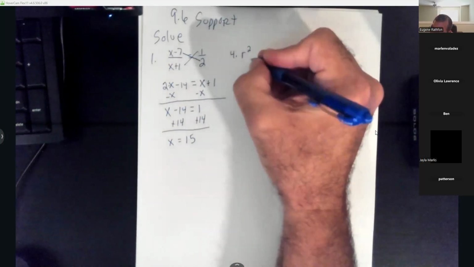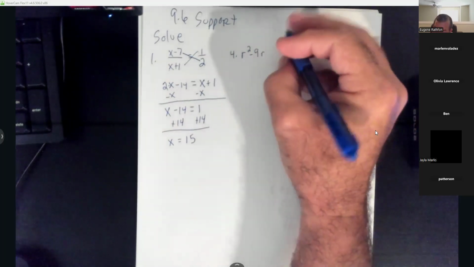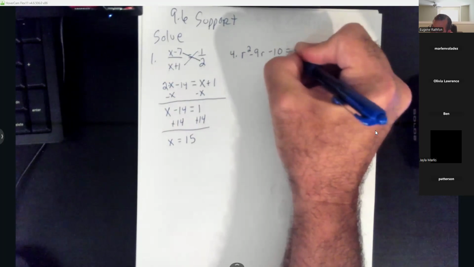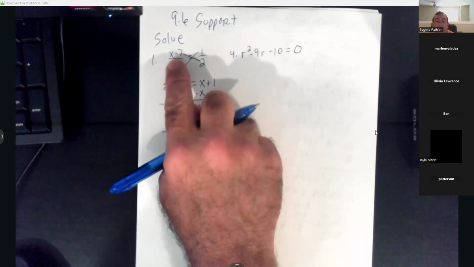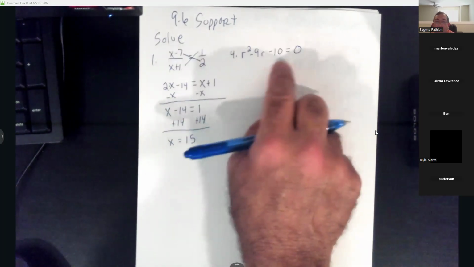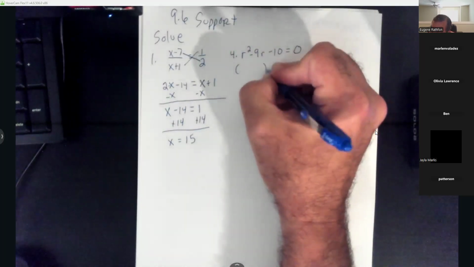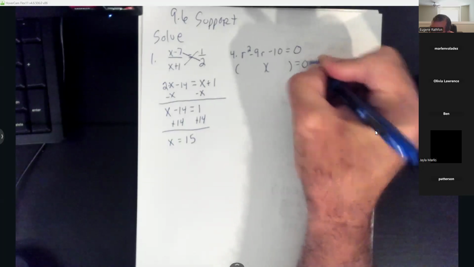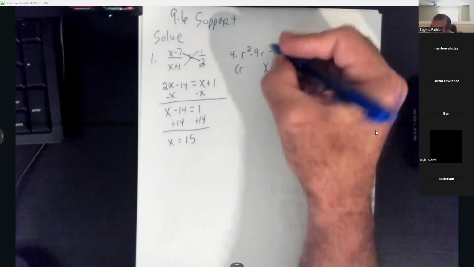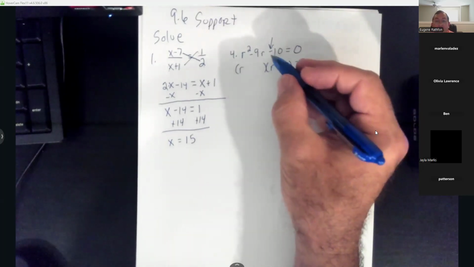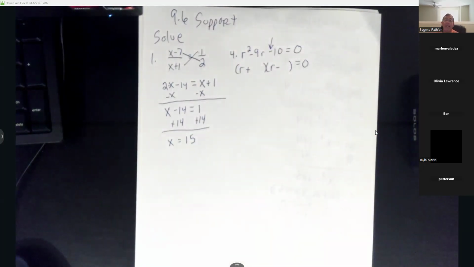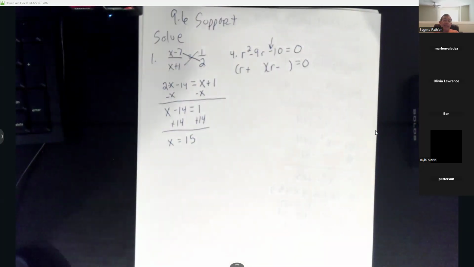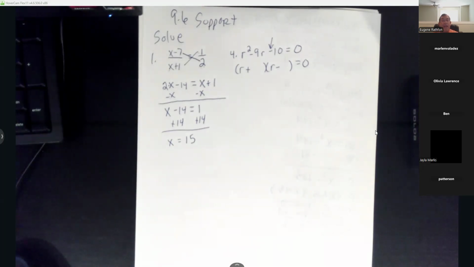So let me go to number 4. r squared minus 9r minus 10 equals 0. So this one was just to get you used to factoring. The last one practiced cross multiplying, this one's practiced on factoring. So r squared is r and an r. Last number's negative again, so one's positive, one's negative. And y'all, what I need is the factors of 10 that'll subtract and give me 9.